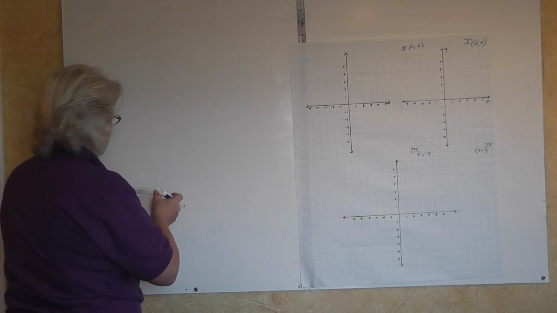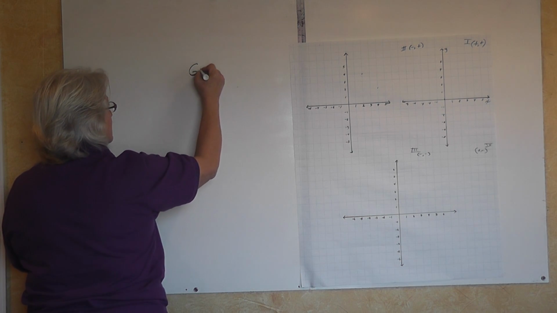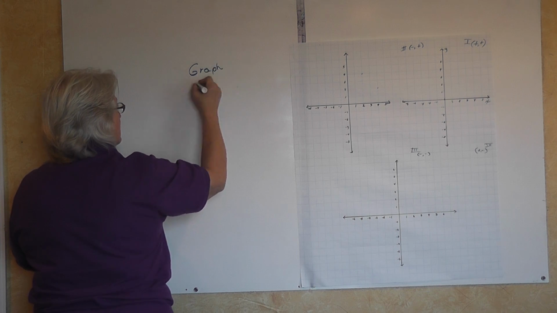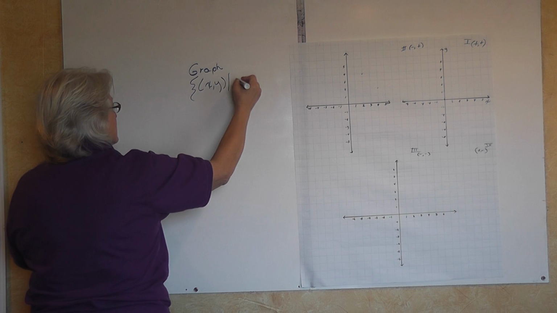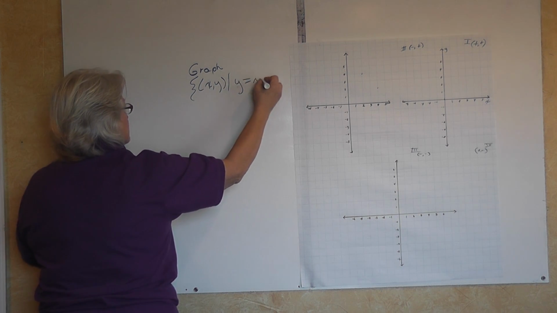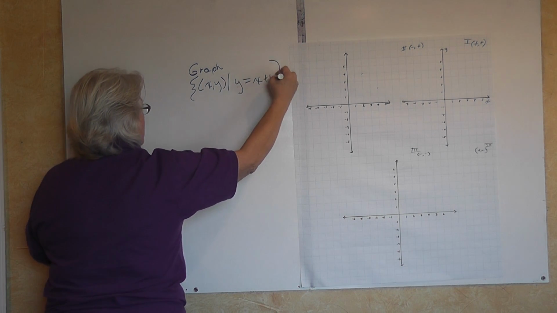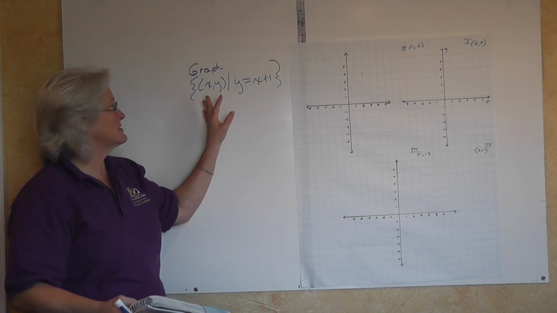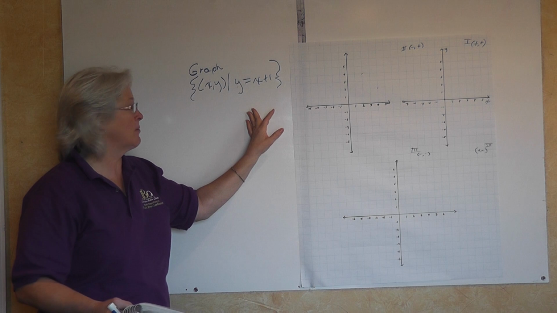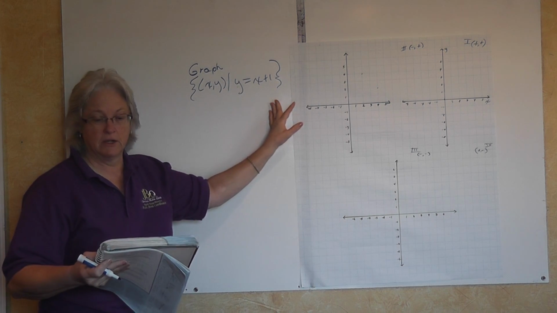Our example says graph the set of all ordered pairs x and y such that y is equal to x plus 1. Remember, I'm changing that a little bit. Graph the set of all ordered pairs such that y is equal to x plus 1.